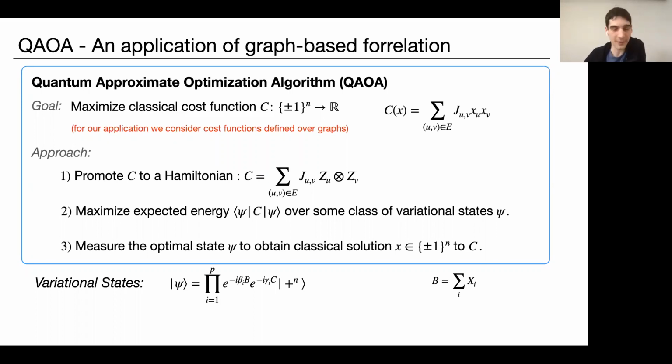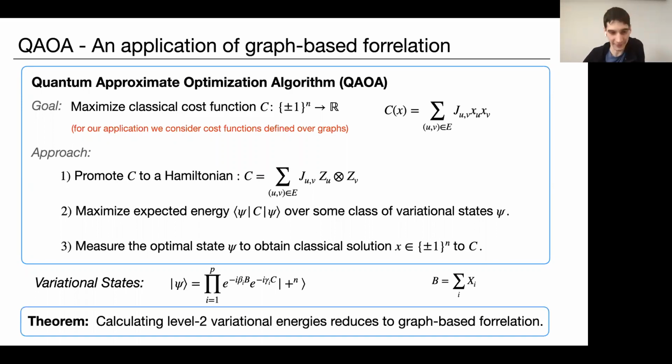And so one of the things that we do in this work is to show that calculating level 2 variational energies reduces to this graph-based correlation problem. So if the graph-based correlation problem is efficient, which we'll show later on certain well-structured graphs, that means we can also calculate these level 2 variational energies of the QAOA algorithm.